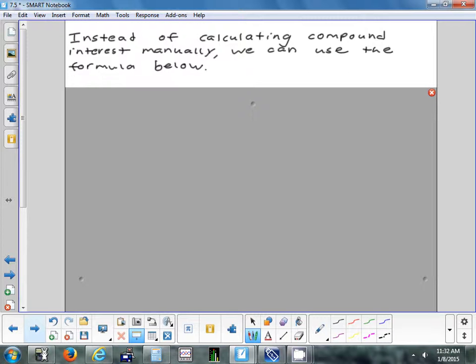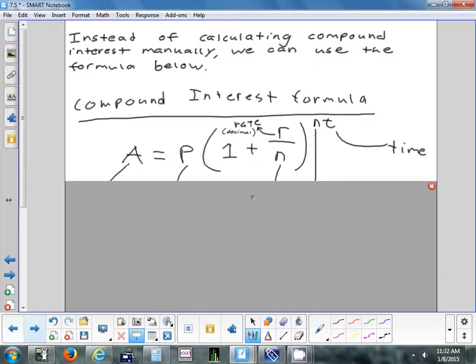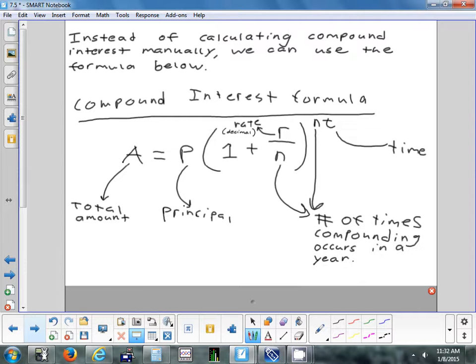So instead of calculating compound interest manually, which is the way we just did it, doing it 4 separate times, you could actually use this formula. Most of the letters are the same. Okay, this formula is going to give us a total amount.